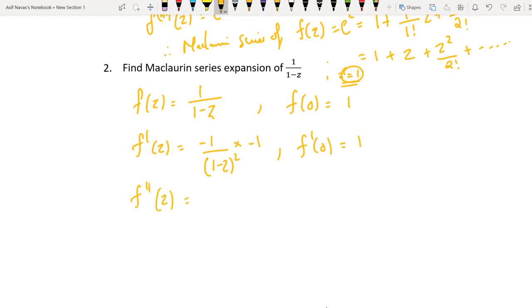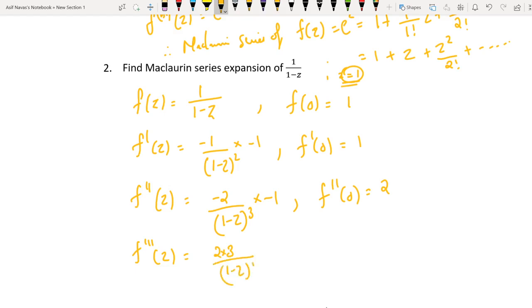Now you will find what is f double dash of z. This is 2 by 1 minus z all cube into 1, so f double dash of 0 is equal to 2. And f triple dash of z is, here 2 is already there, then we will get 2 into 3 divided by 1 minus z raised to 4. So this 2 is 2 factorial, and f triple dash of 0 is 3 factorial.